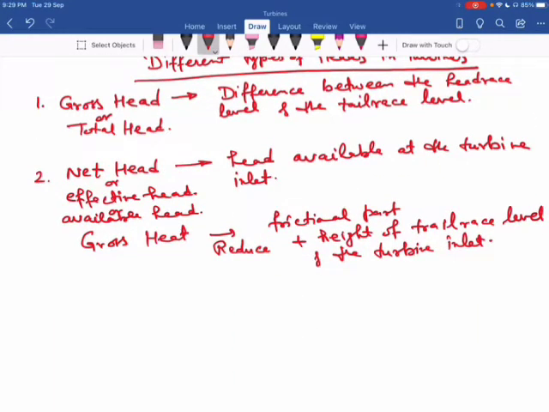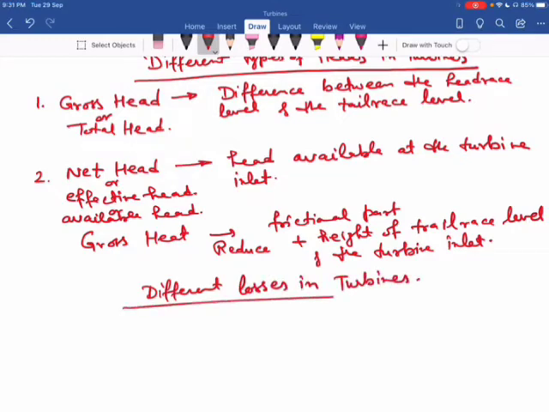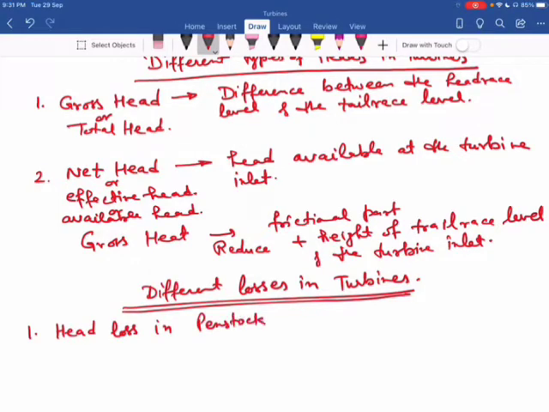So now we take the different types of losses. So different losses in turbines. The first loss is the head loss in penstock.